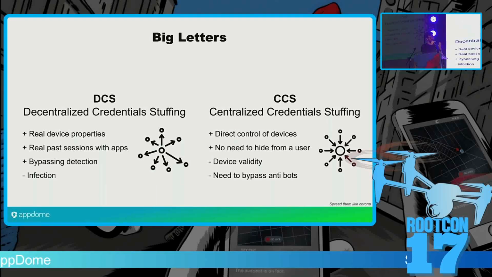But with DCS, decentralized credential stuffing, you have real device properties, real past sessions with apps, pretty much bypassing most of the detections. The only drawback is how you infect the target devices with your Trojans.